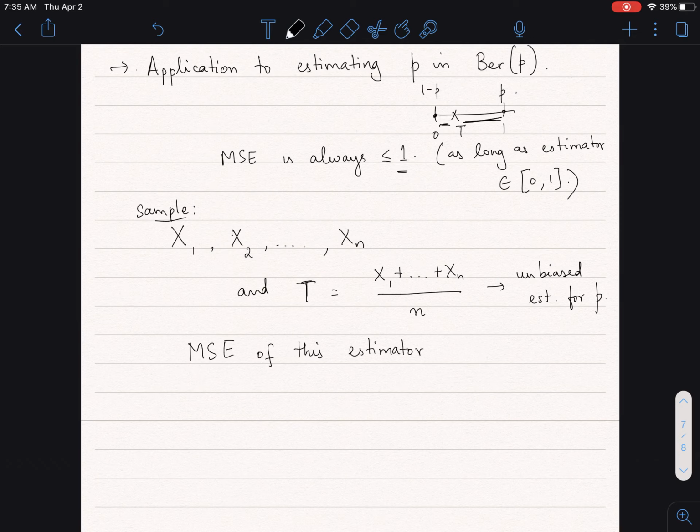Try to look at last class's notes. This was in fact exactly equal to p times 1 minus p divided by n.